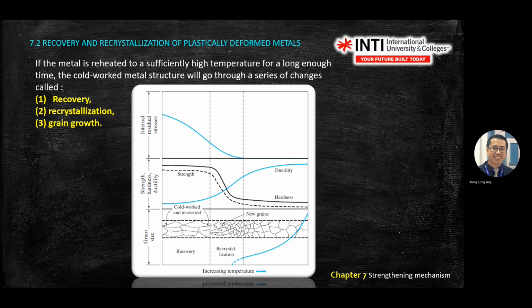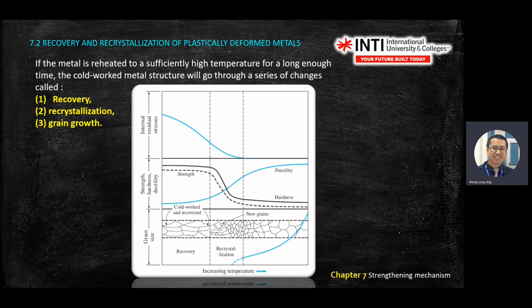And then there are three regions. First, recovery. There's a temperature below recrystallization. We call it the recovery stage. The important parameter on this graph is the recrystallization temperature. Below this line on the left is recovery.